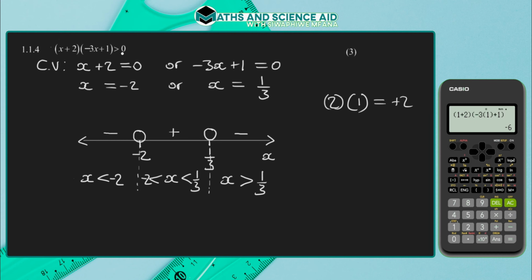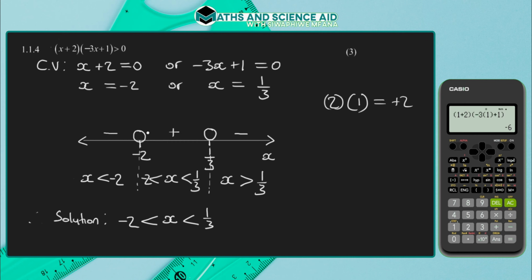Something that is greater than 0 is positive. So we can say that the solution lies between -2 and 1/3. Therefore, the solution for this inequality is x must be greater than -2 but less than 1/3, because that's where we get a positive answer.